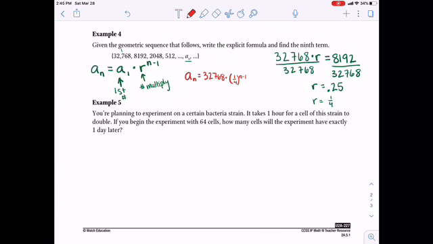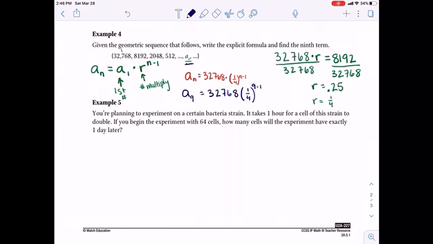All right, well, once I know that, now I'm ready to go ahead and find the 9th term that they specifically asked about. So I'm going to be using a sub 9 because it's the 9th term I'm looking for. That will equal my 32,768 times 1/4 to the 9 minus 1 power.